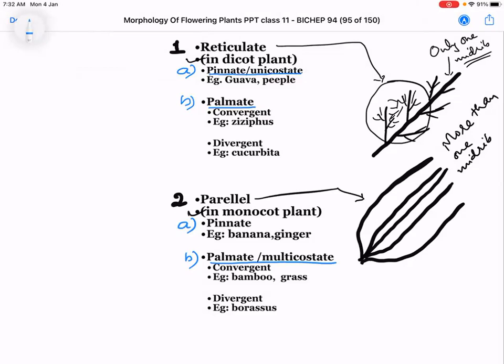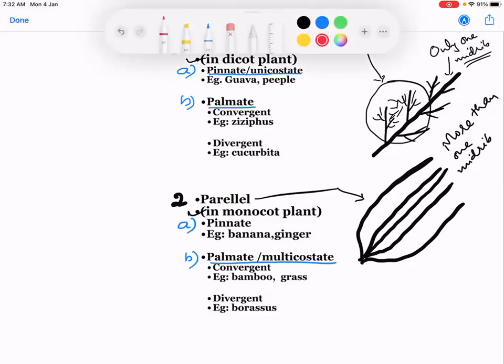Now, if I talk about the palmate type of arrangement of venation, they further have two subtypes: convergent and divergent. Ready? Similarly, in parallel as well, convergent and divergent.